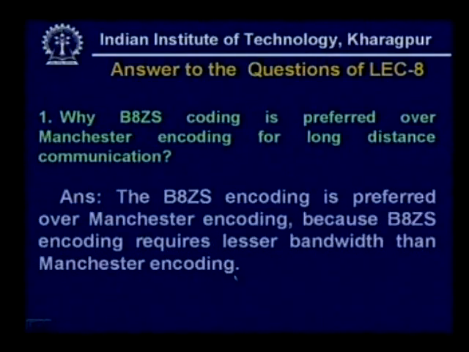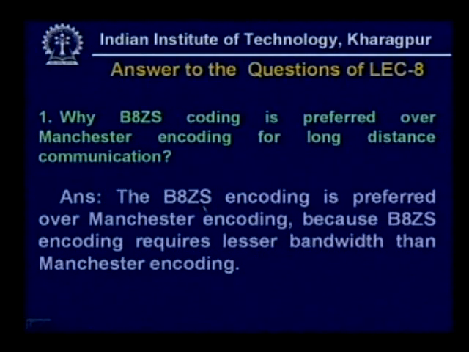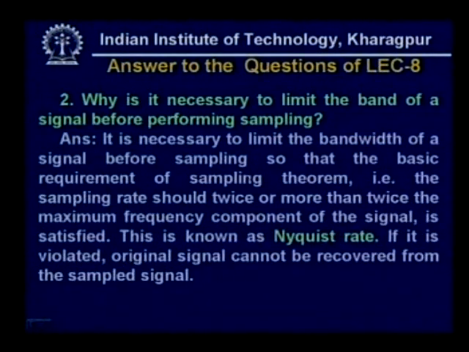Bandwidth, as you have seen, is equal to the bandwidth of the baseband signal. But Manchester encoding has bandwidth almost twice the baseband signal. So we see that B8ZS has lesser bandwidth, which is useful. That's why it is preferred for long distance communication.